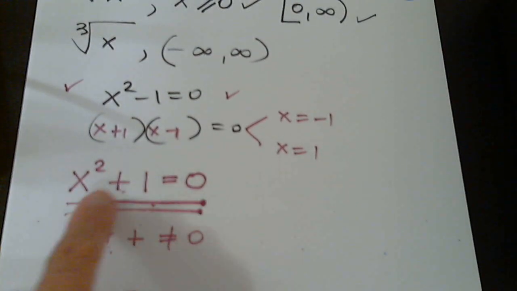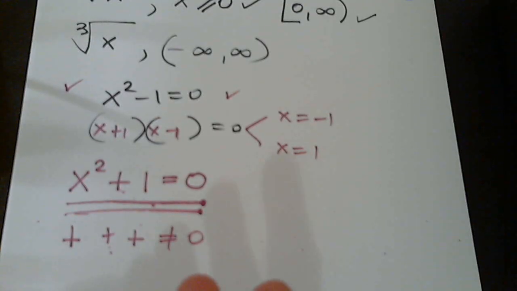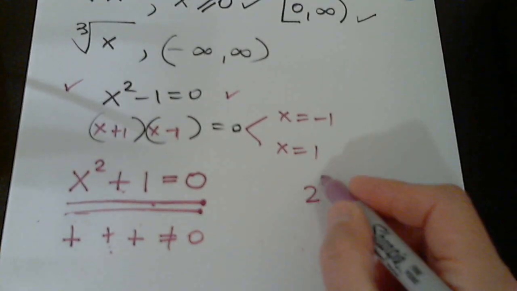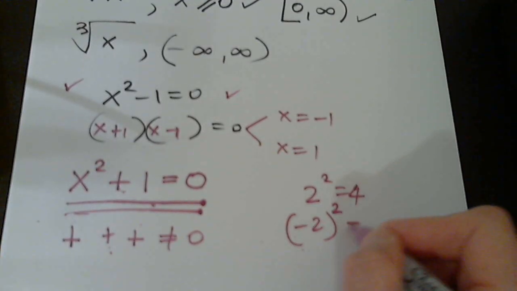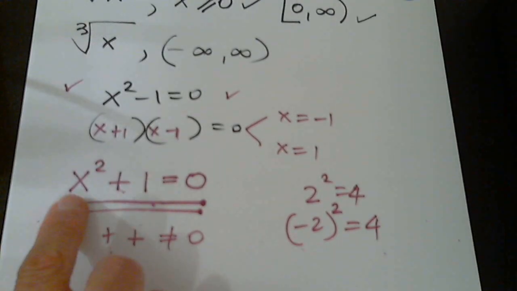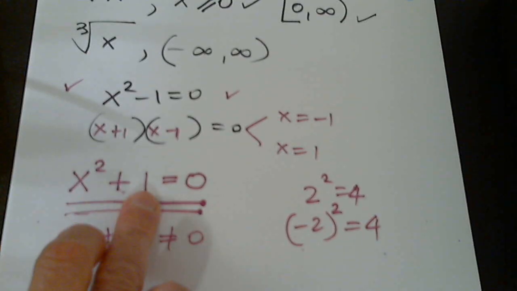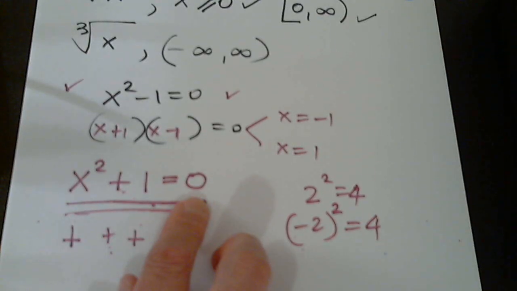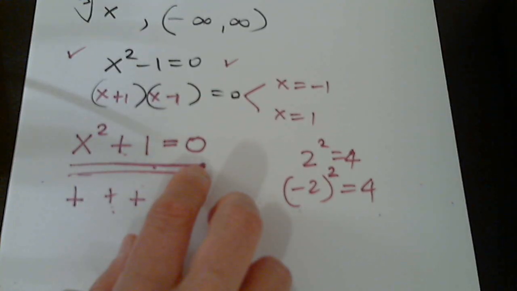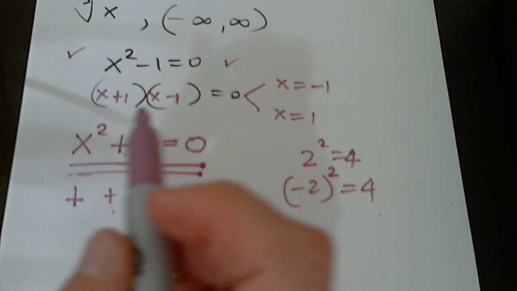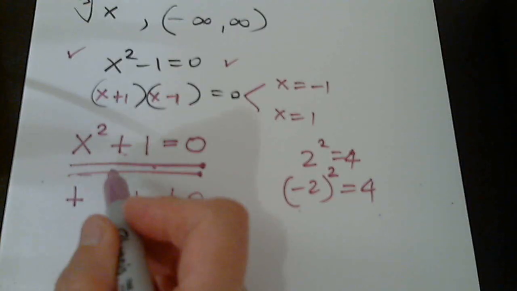Because x squared is always positive, no matter what you do. If you raise 2 to the second power or negative 2 to the second power, you still get a positive number. A positive number plus another positive number can never be 0. So they said, in that case, we have answers, but they're not real.